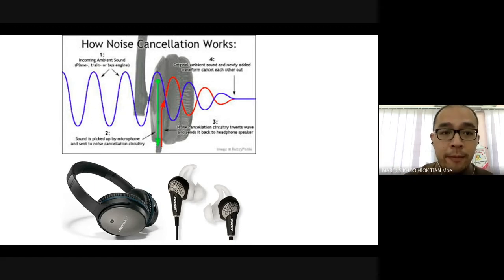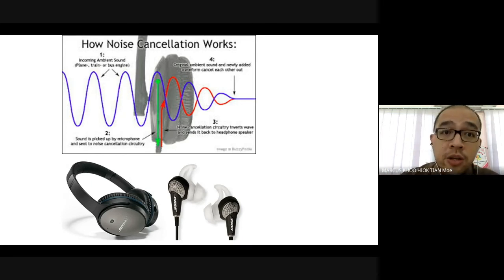What is actually happening is that the headphone itself is producing a silent sound wave that will cancel the wave that is coming, so that the only thing you can hear is whoever you're listening to.